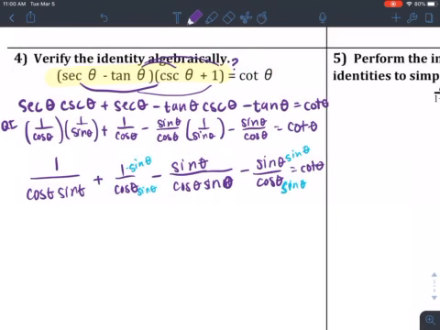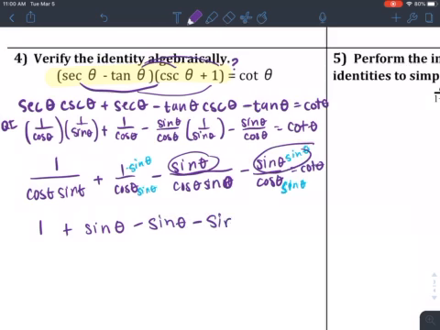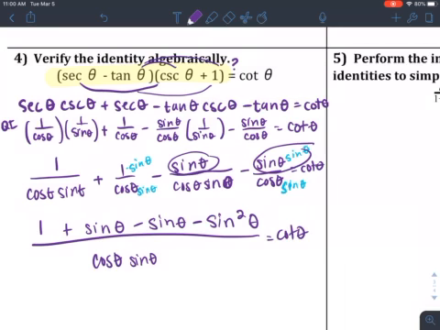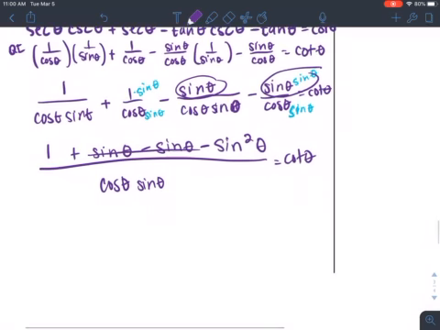So everything is going to be over sine theta, so I get 1 plus sine theta. This guy doesn't change, so minus sine theta minus sine squared theta all over cosine theta times sine theta is equal to cotangent theta. Looks like the sine thetas are going to cancel.